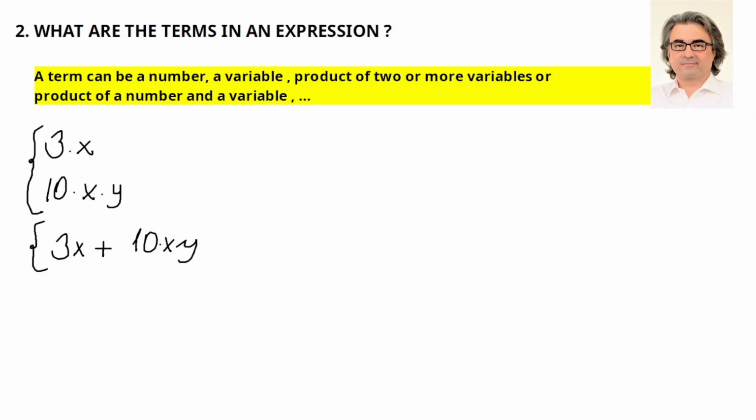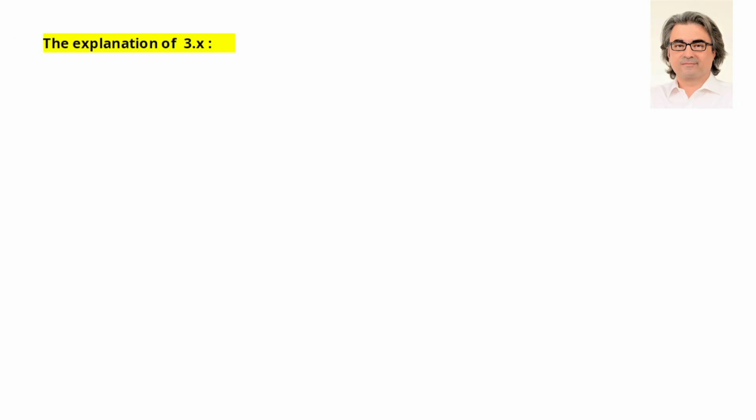Now let's continue with the next page and see another question, or the explanation of 3x, sorry. Now let's explain the meaning of 3 times x. Now this is the multiplication, you know. From our previous lessons, we know the meaning of this multiplication.